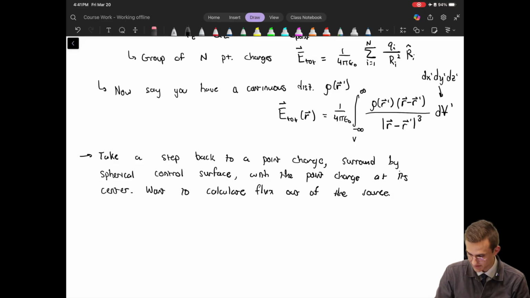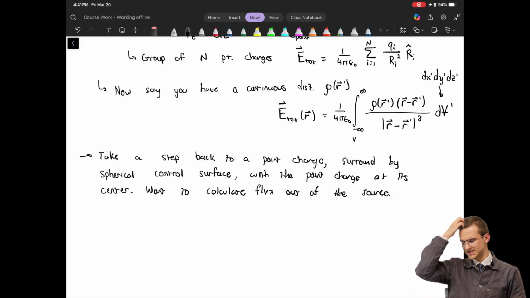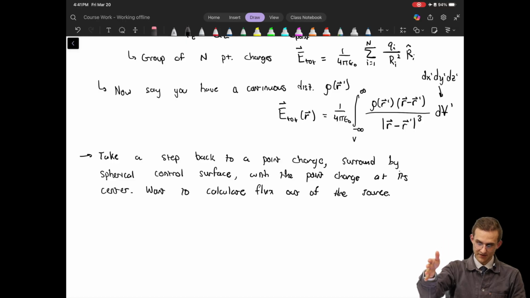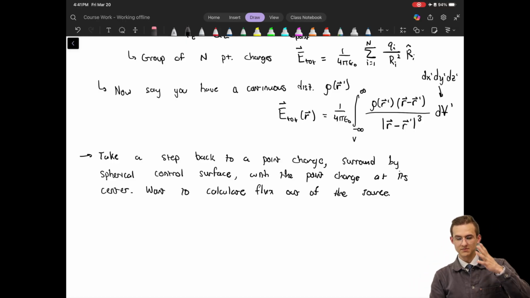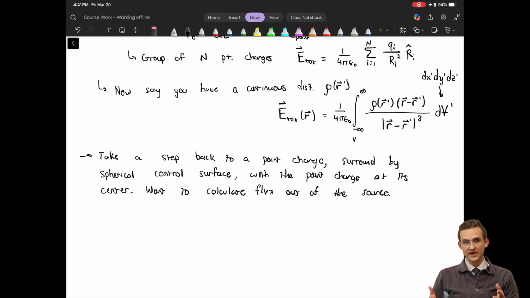Flux is the strength of the vector field multiplied by the area that it's going through. If you're talking about flow rates of fluid, the volume flow rate is the flux of a vector field that is representing fluid flow, for example.